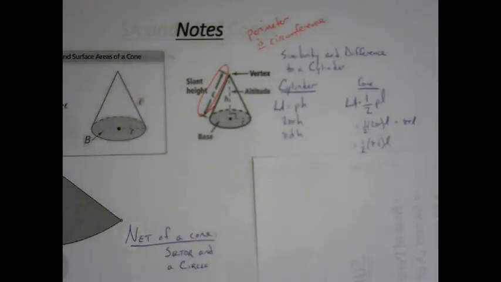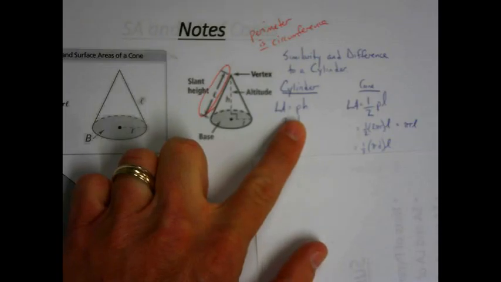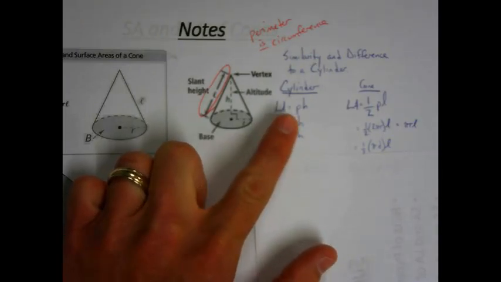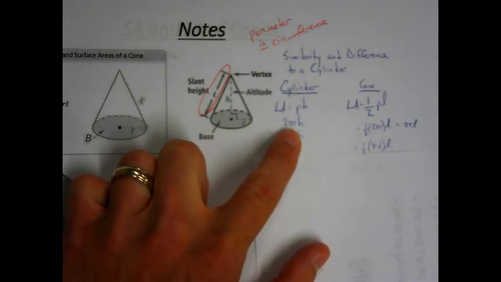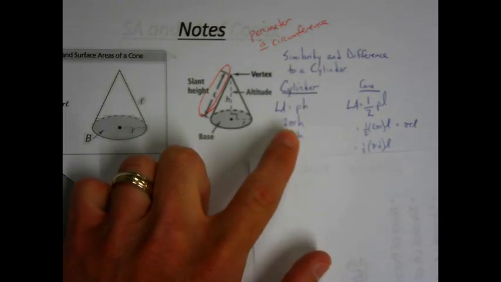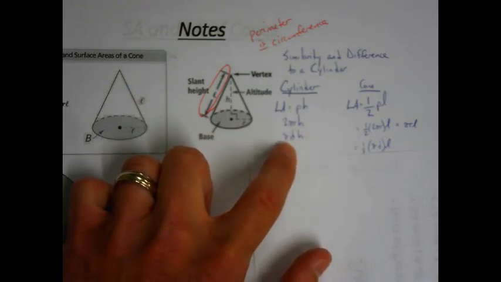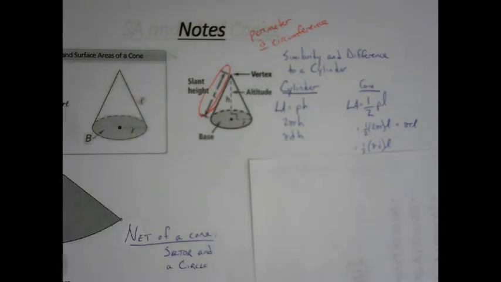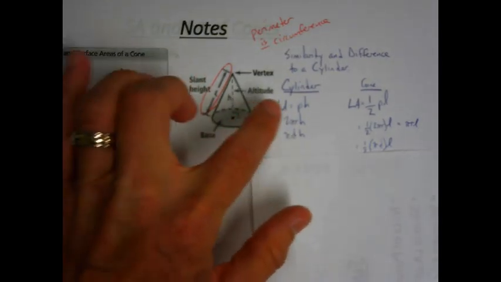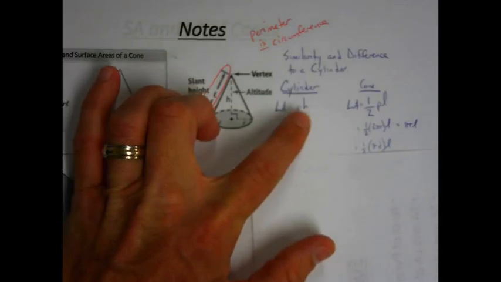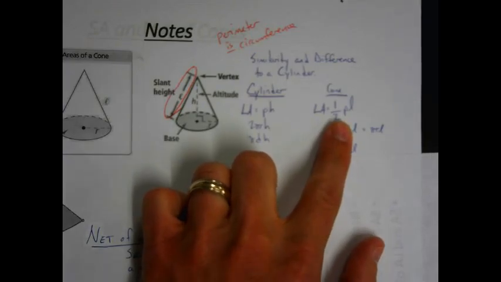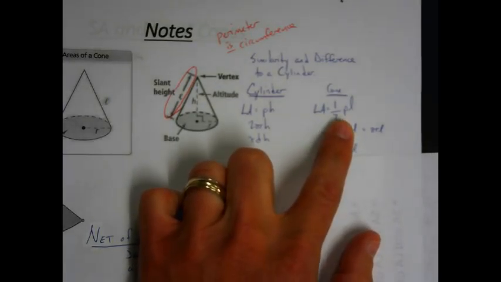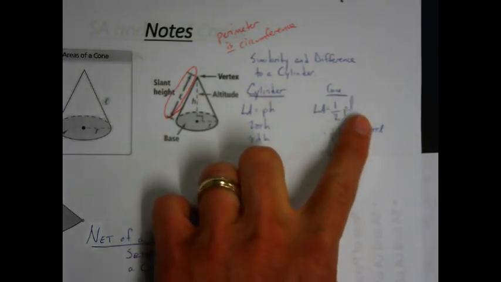In our cylinder the base is a circle, so the perimeter is either 2 pi times the radius or pi times the diameter. Either one works; you can work with one to get to the other. But the perimeter of the base times the height was the cylinder. For a cone, now, it's half that. But instead of the perimeter of the base times the height, it's the perimeter of the base times the slant height.